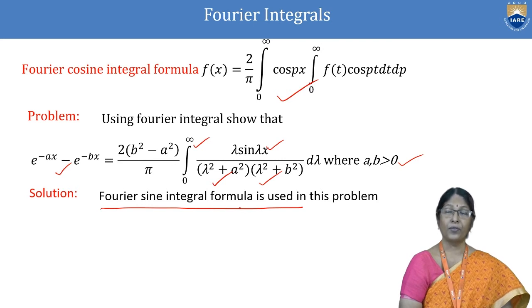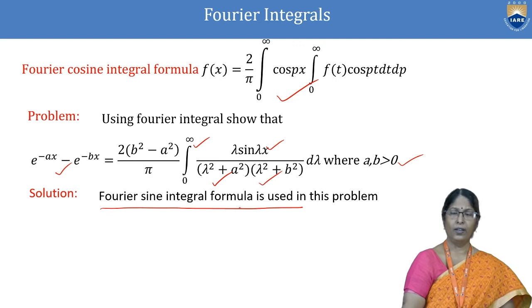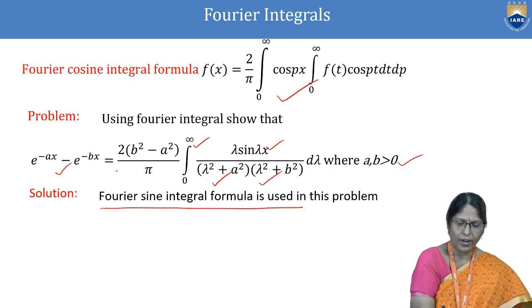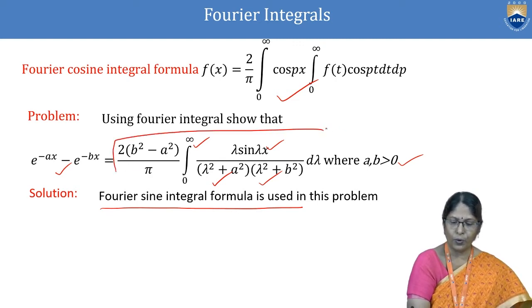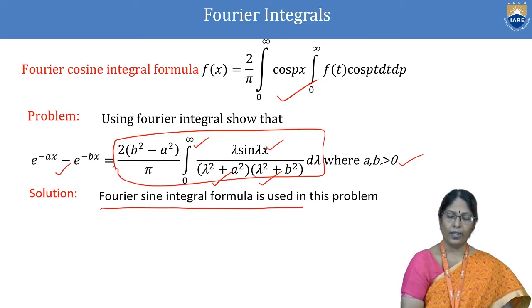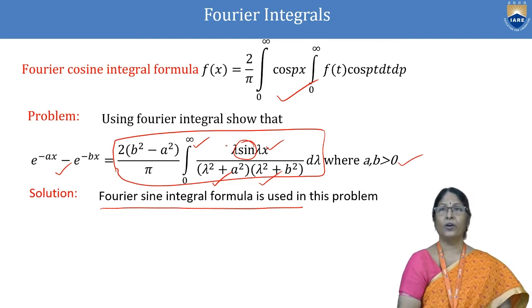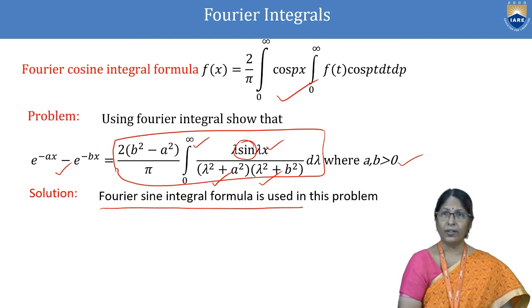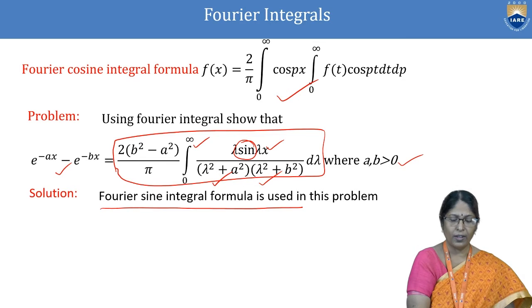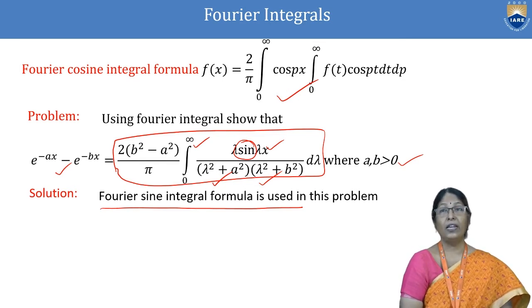Is there any reason for this? The only reason we can tell is that in the right hand side, which we have to show, the trigonometric term sine is dominating. That is the reason we selected the Fourier sine integral formula.